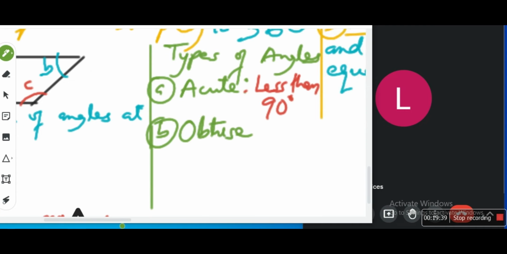Then we have obtuse. Obtuse is less than 180 degrees, but greater than 90.